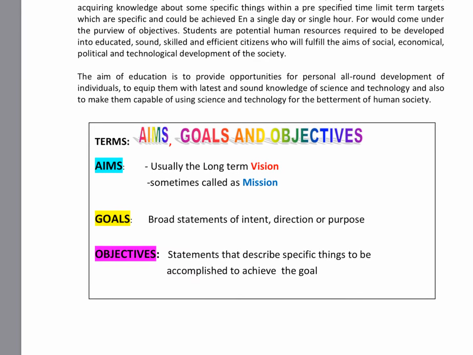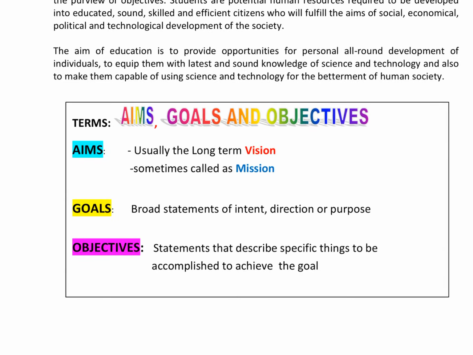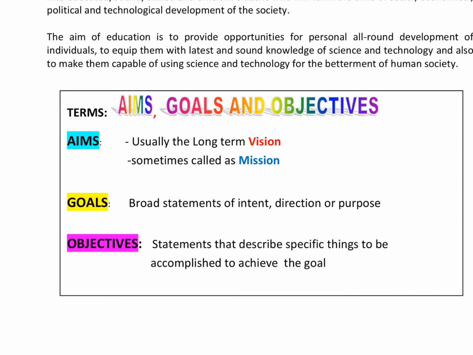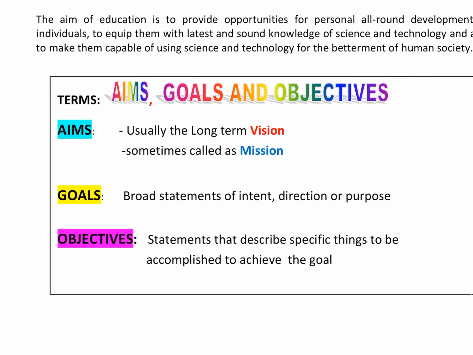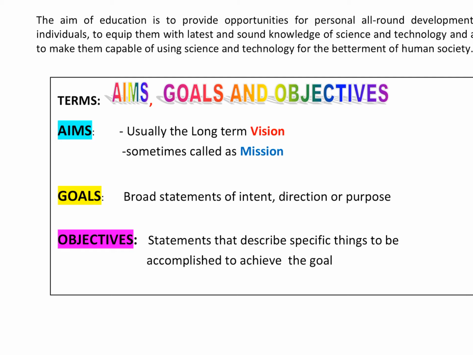So at this point, first of all, we have to have a very clear-cut idea about certain terms like aims, goals, and objectives. Aim usually is related with the word vision. It's the long-term vision. And sometimes it is also called a mission.